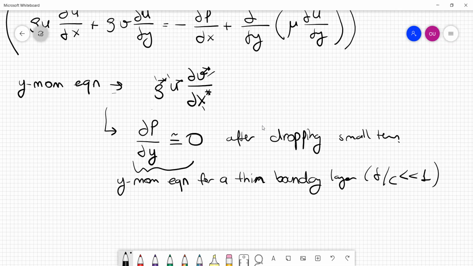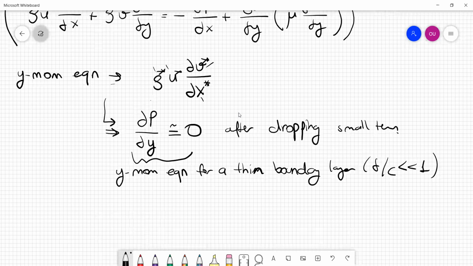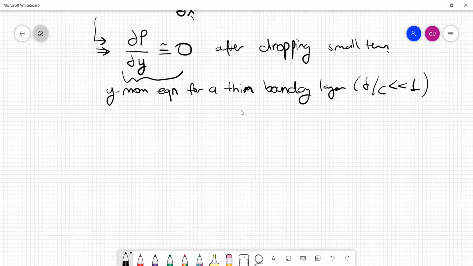We only end up with dP/dy equal to 0 when we apply the thin boundary layer concept. Now I will summarize all the equations and rewrite them, but this result is very interesting because I would like to talk a little bit about its implications.